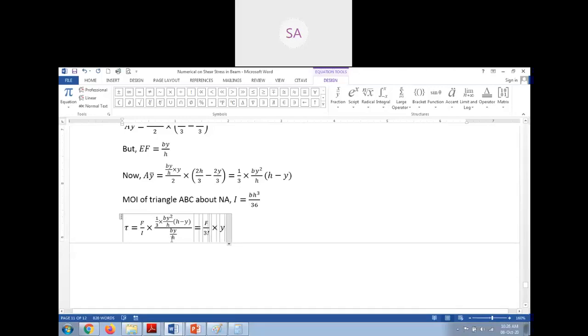And this h also gets cancelled. y into h minus y. So this is equal to, I'll take this y inside, so it becomes yh minus y square, right?